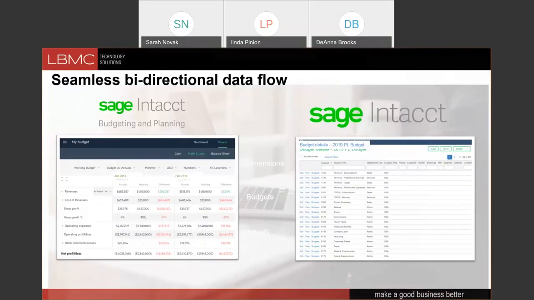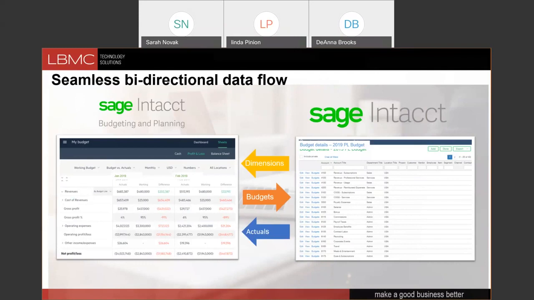We want to look at how this is going to work in Sage Intacct. And this is a bi-directional data flow. So when we look at this, we're going to look at being able to have this pre-built connection between budgeting and planning and financials.